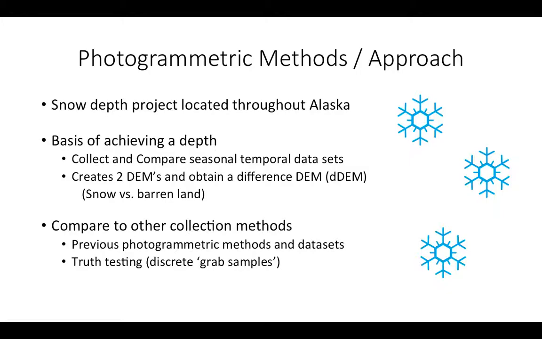Take those two imagery sets, turn them into DEMs, subtract the elevations, and you get a DDEM, a difference digital elevation model, and that difference technically should be the snow depth in that area.